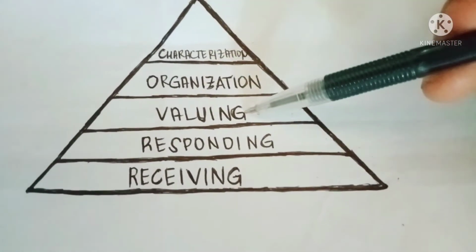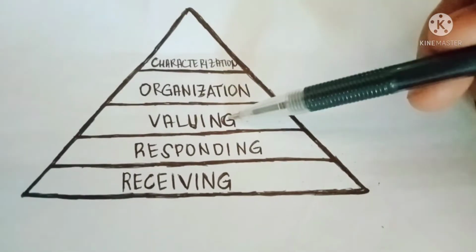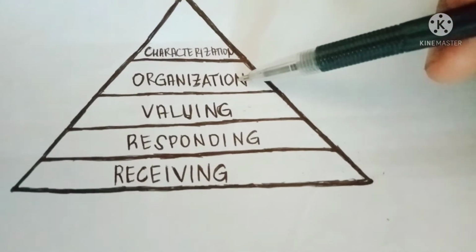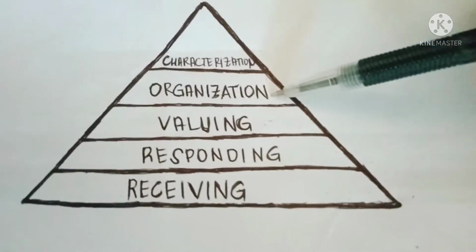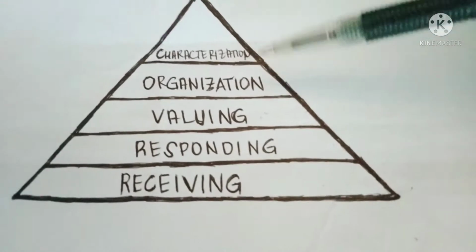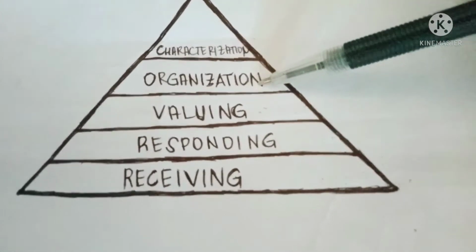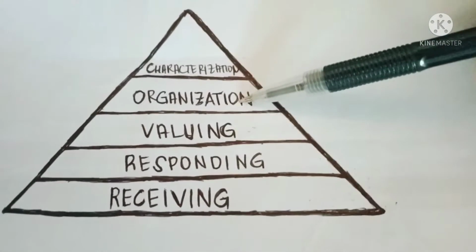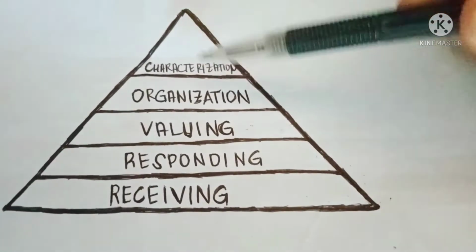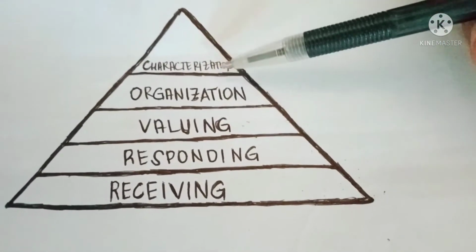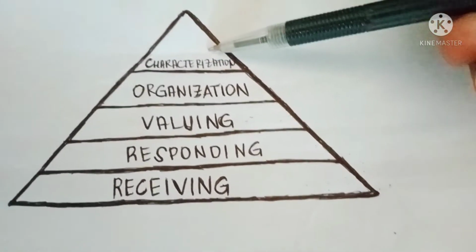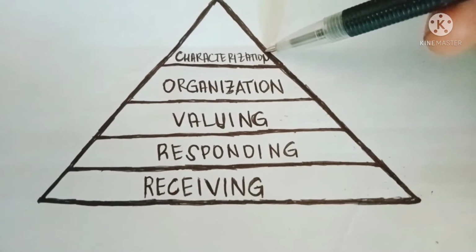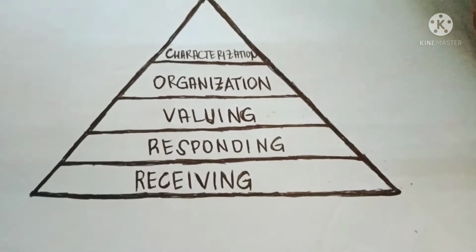After you give the value from the responding, we should organize, or organization. The focus of this level is comparing, relating, and assessing values. Let them control or guide your behavior. After organizing, we should characterize, or characterization. Characterization is the highest level of the affective domain.